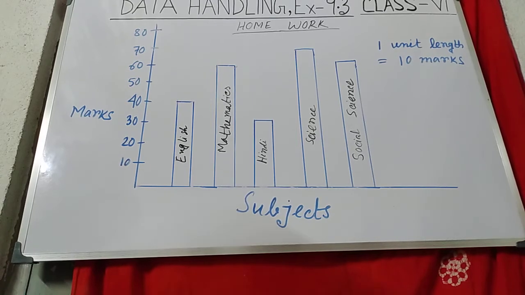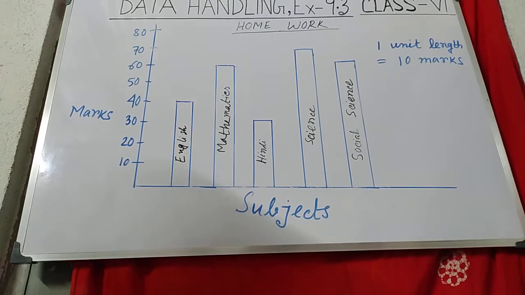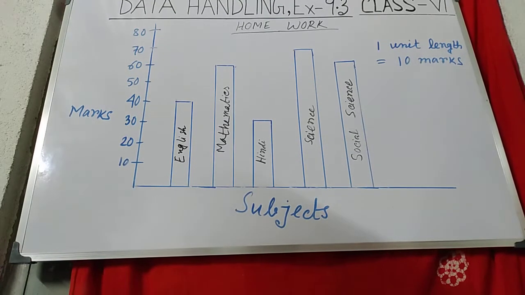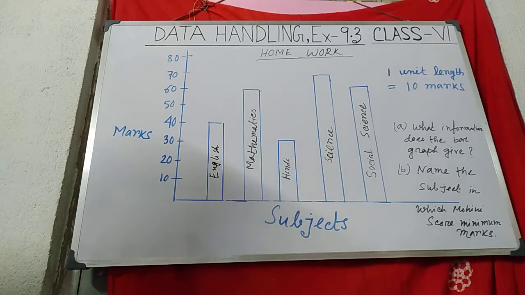Your first question is, what information does the bar graph give? I am writing here. Your first question, what information does the bar graph give? And your second question, name the subject in which Mohini scored minimum marks.